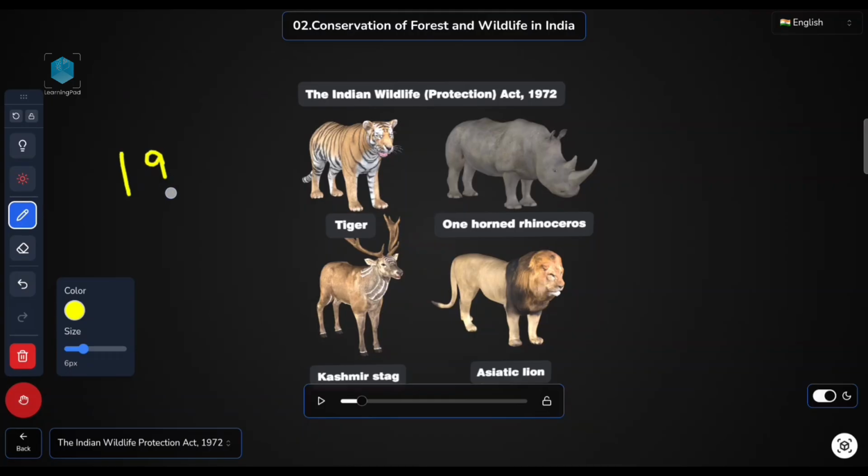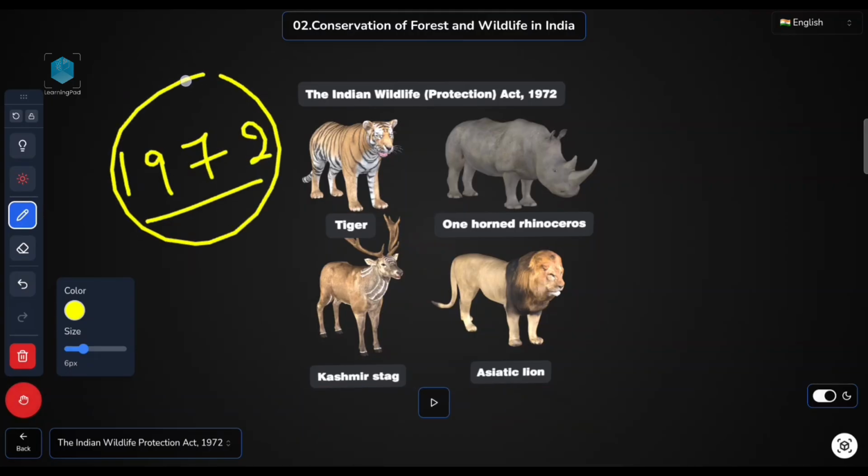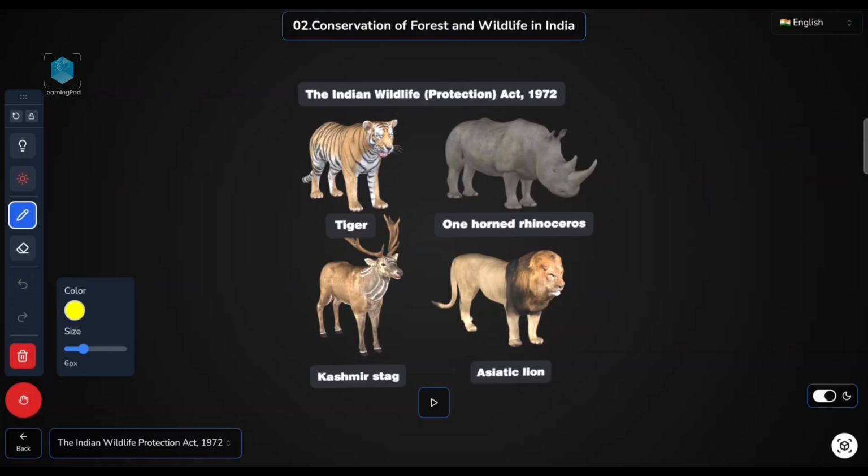This particular act is a landmark law, which became a turning point in our environmental history, to protect our wild animals, birds, plants, and to create national parks, wildlife sanctuaries, and biosphere reserves where nature could thrive freely.